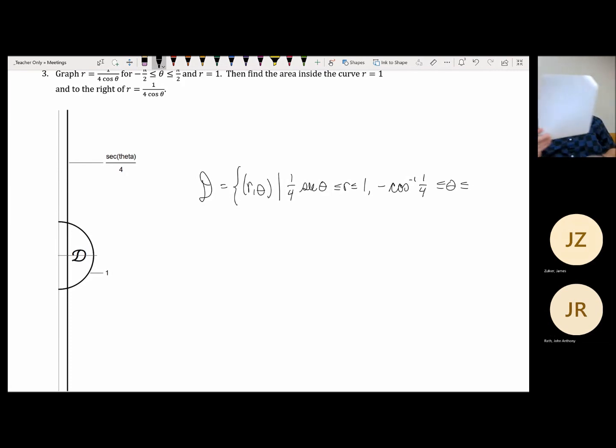I'm going to want to use cosine. Does everyone see how I got the angles?